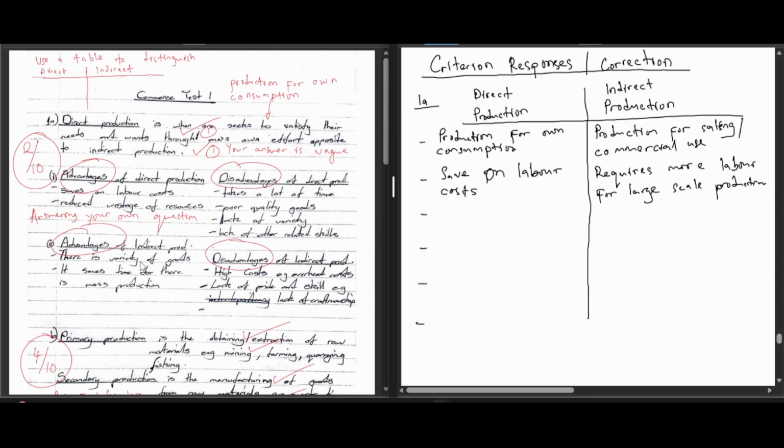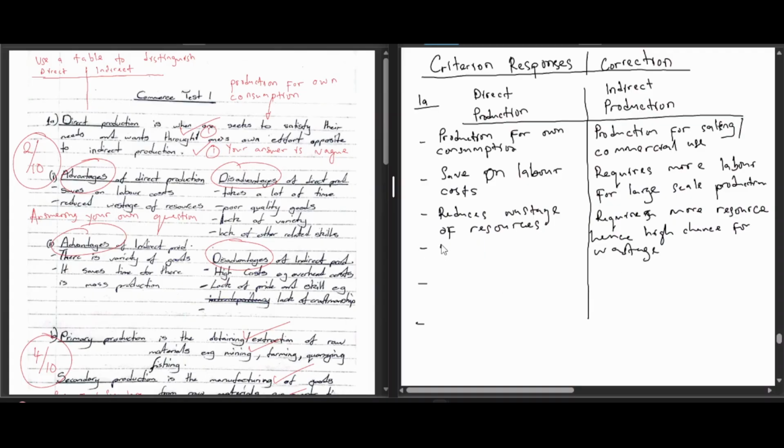Then you say here that it reduces wastage of resources. Over there you can say it requires more resources, hence high chance for wastage. You see, you are comparing.